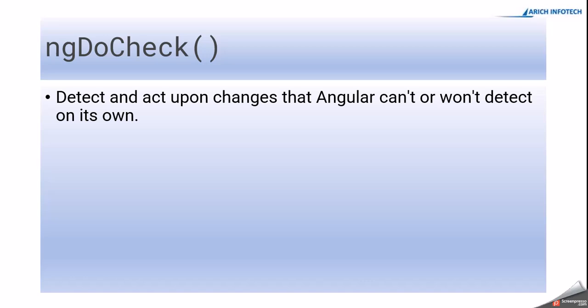After that, ngDoCheck. Actually, you can see it detects and acts upon changes that Angular can't or would not detect on its own. So this method is used to check values that Angular cannot check, or Angular is not interested in checking.